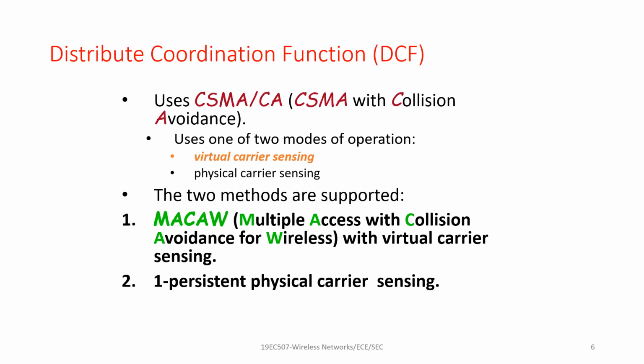CSMA/CA makes use of one of two modes of operation: either virtual carrier sensing or physical carrier sensing. The first of the methods supported by the CSMA collision avoidance technique comes under multiple access with collision avoidance for wireless, in short referred to as MACAW.